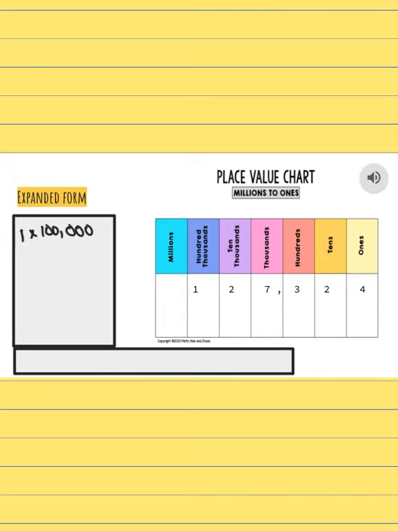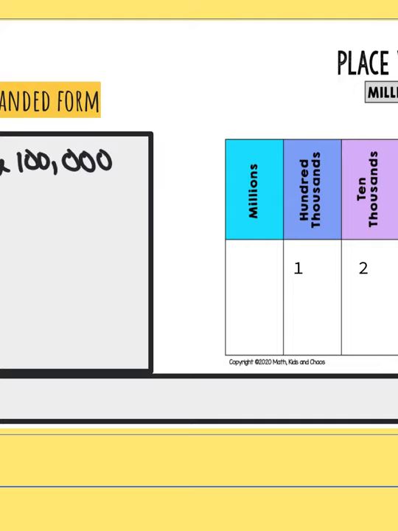And then we have our next number over. Let me make my pen a little bit smaller here. And maybe I'll zoom this in just a little bit. There we go. And our next one is 2 times 10,000, which is equal to 20,000. Oh, I forgot to equal this.